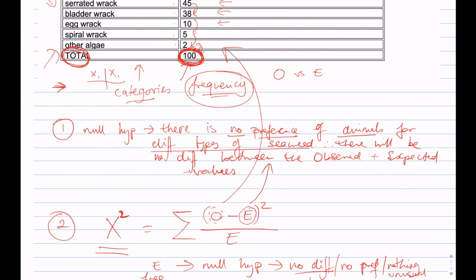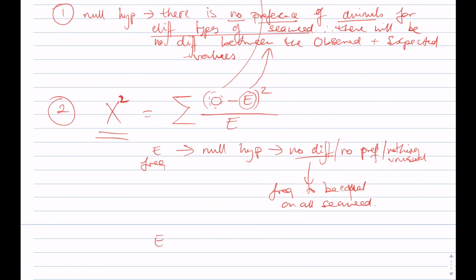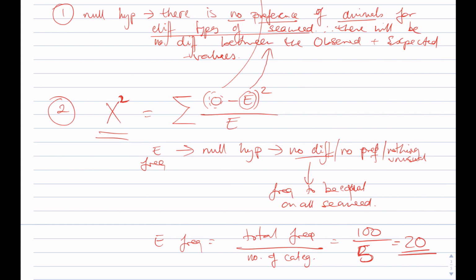In this case there are 5 categories, so the expected frequency would be the total frequency divided by the number of categories, and in this case that equals 100 divided by 5, which would give me 20 in each category.